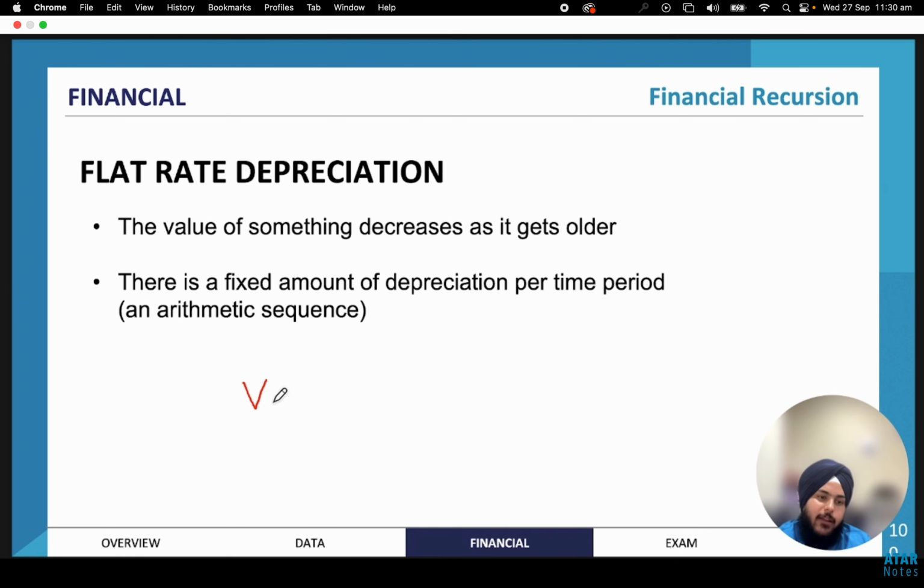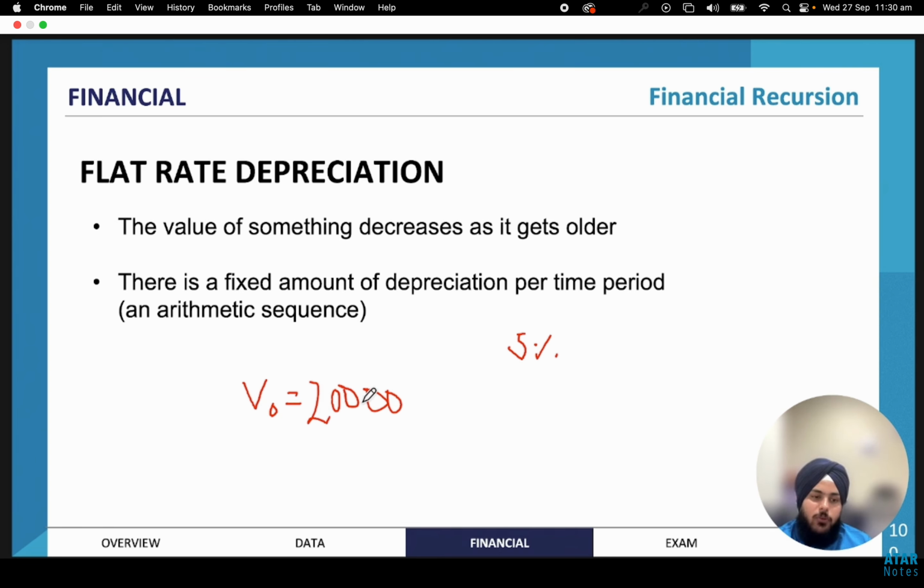So we will have, again, a V0 value, which is the initial value of the item. Usually it's going to be a car or a house, or for example, a printer, something that usually has a really large value. So let's say we have a car worth $20,000. If it's decreasing by flat rate depreciation, and let's say that depreciation value is 5%, it will decrease by 5% of the initial value each year.